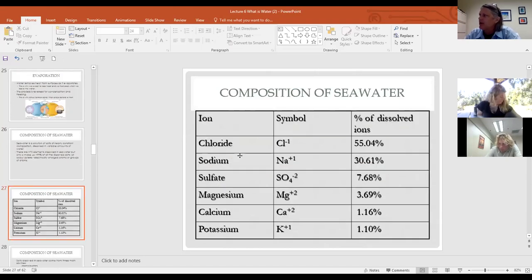The most common dissolved solid is chloride, followed by sodium. So sodium chloride is the most common salt, but you also have sulfate, magnesium, calcium, potassium. You have a whole slew of micronutrients and ions, we call them electrolytes, dissolved in water.